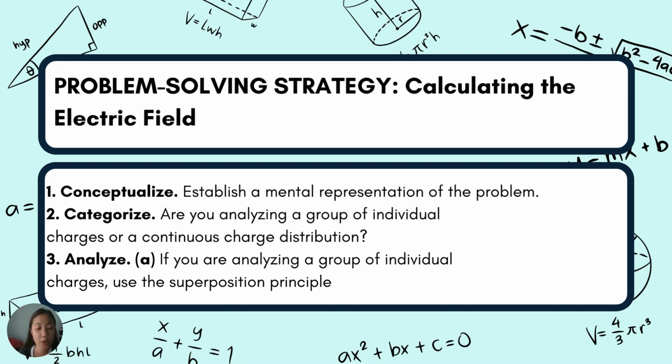Think carefully about the individual charges or the charge distribution and imagine what type of electric field it would create, and appeal to any symmetry in the arrangement of charge to help you visualize the electric field.